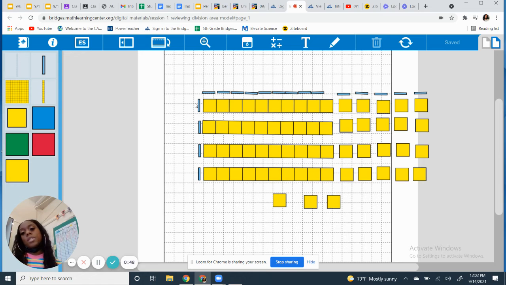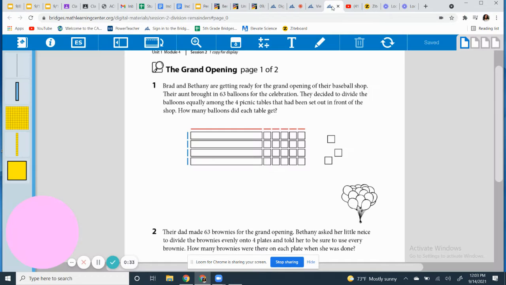We also looked at these markers. These markers denote how many of something. Specifically, they're denoting the divisor. Then we have the markers up top going horizontally. These are the ones we put here to count how many. So let me back up and show you exactly what I'm talking about.